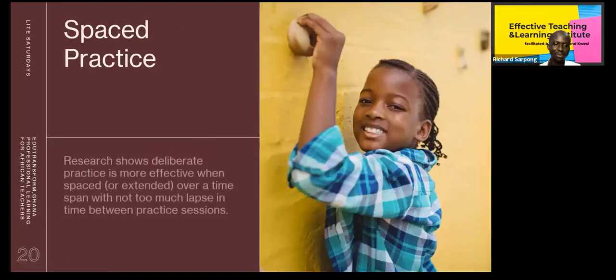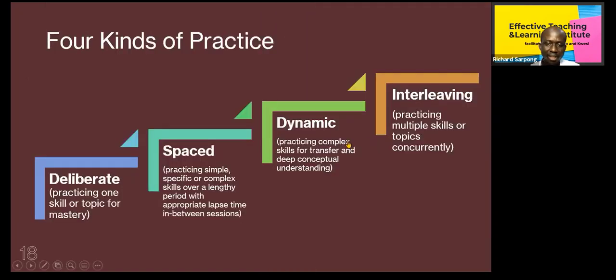If you space the practice time over a period for students to do it, then they will have better consolidation of what has been taught. That is what the research points to, that if it happens over enough time, then students succeed in their learning.